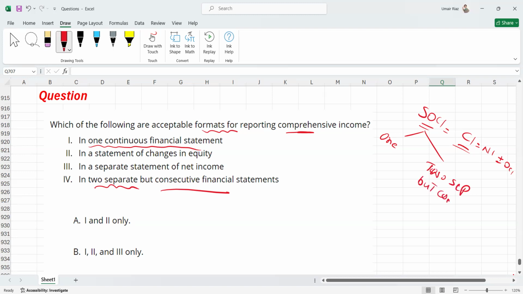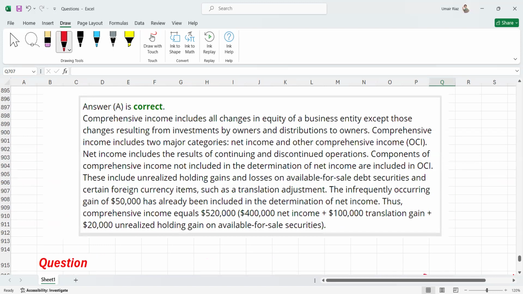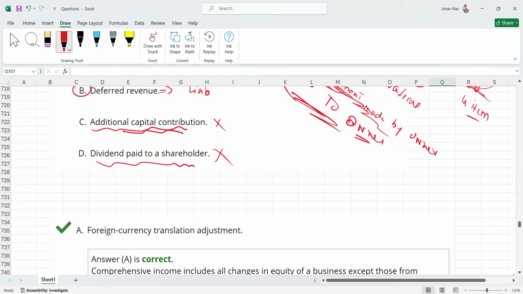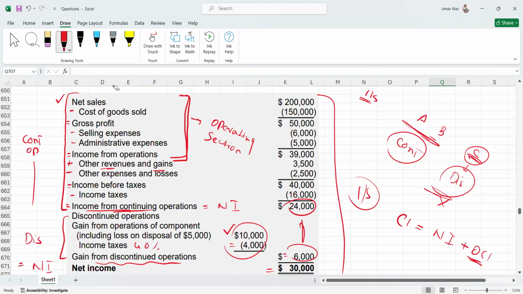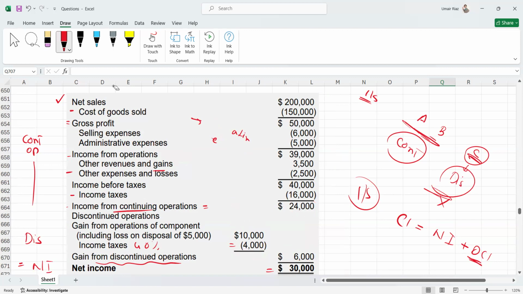Okay, so how it works, let me show you here. One continuous means you will combine these two things. First, you will prepare the income statement, like I'm showing you from the format here. This is how one continuous will be prepared.